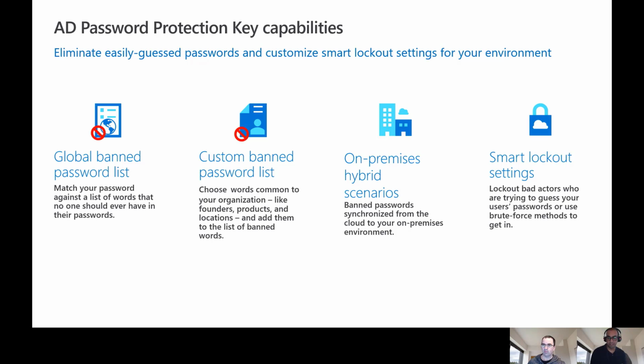This in itself prevents organizations majorly from password leak and password spray attacks, because if you're using this capability, then you're ensuring that the worldwide leaked passwords are not being used.